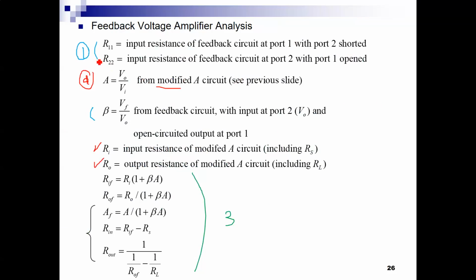The first step is to derive R11 and R22 from the beta block. The second step is to modify the A block, find its gain, Ri and Ro, and then use the information from the modified A block and the beta block to derive the quantities, which are the third step of the full feedback amplifier.